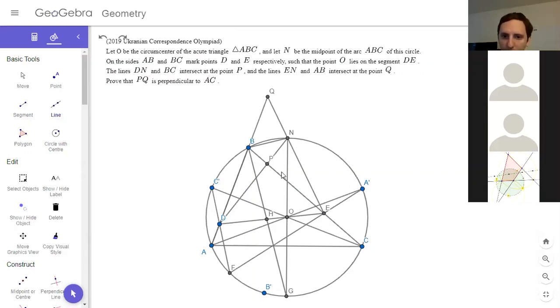If you let PQ meet BN at a point, then PQ, that, and H are harmonic. Yes.